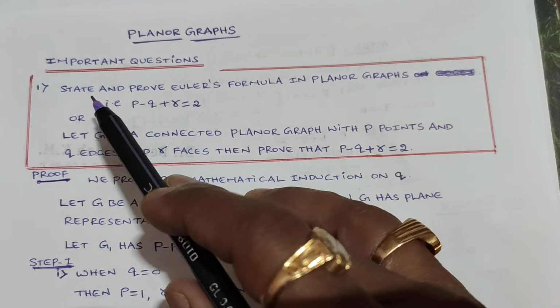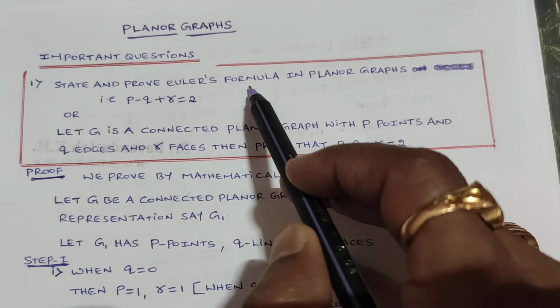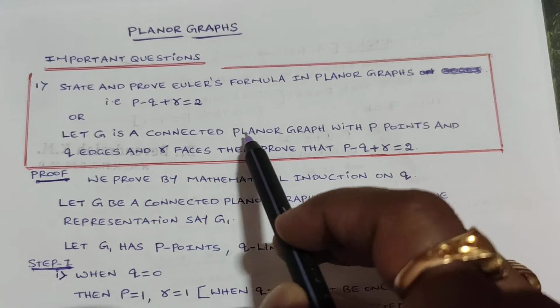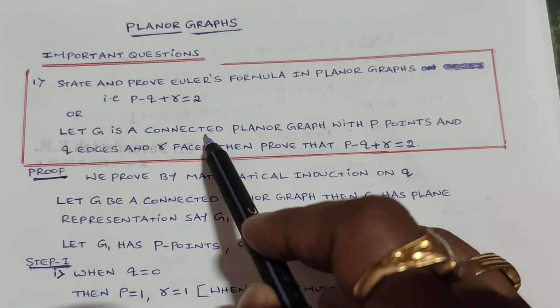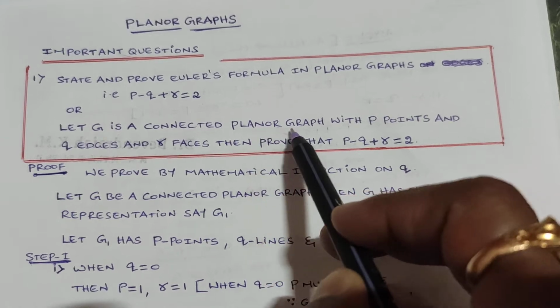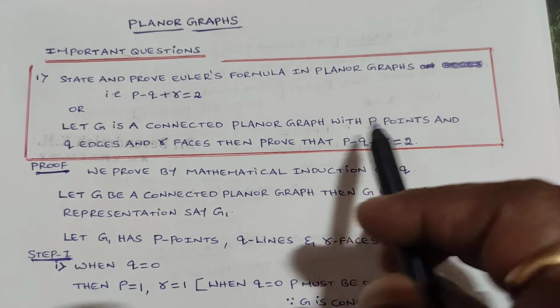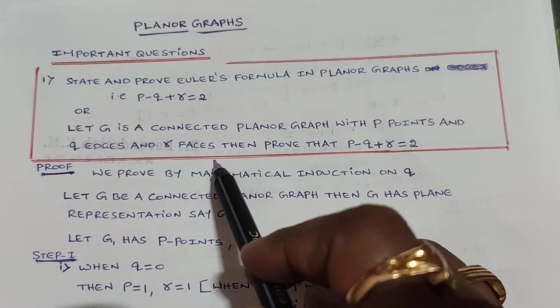Suppose if the question is only state and prove Euler's formula, then we need to state Euler's formula as: let G be a connected planar graph. Remember that it must be a connected planar graph with P points, Q edges and R faces.